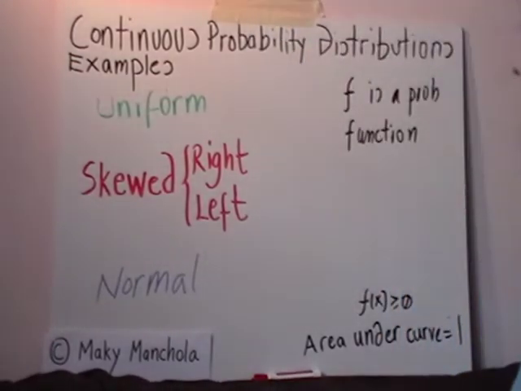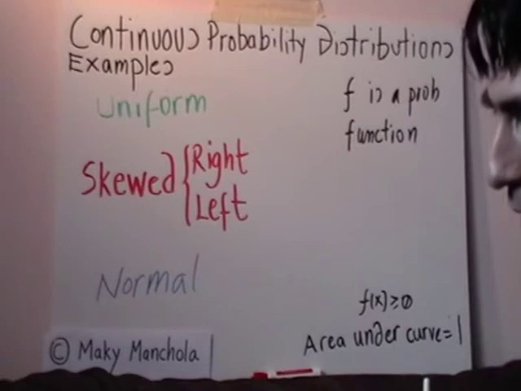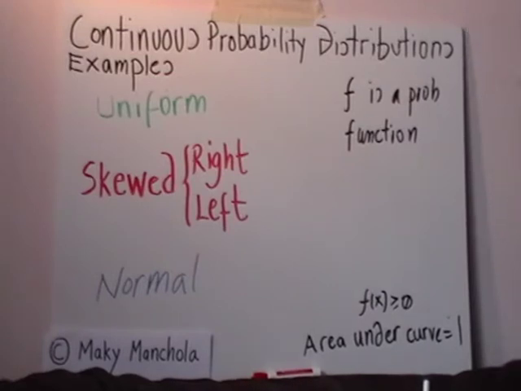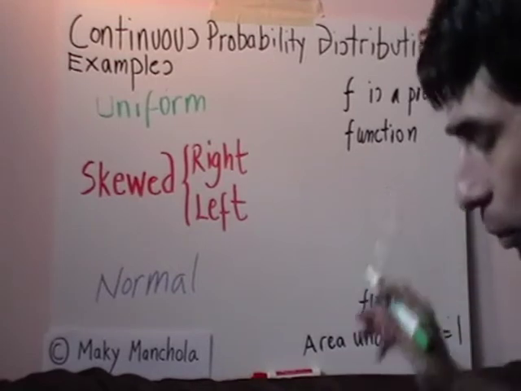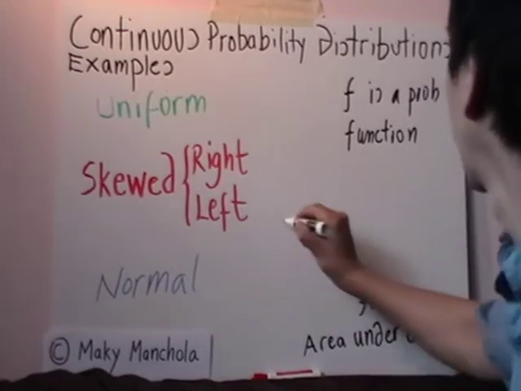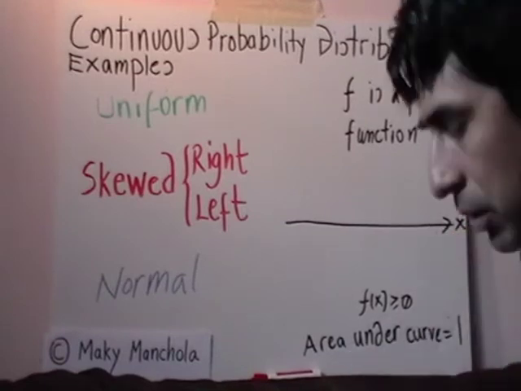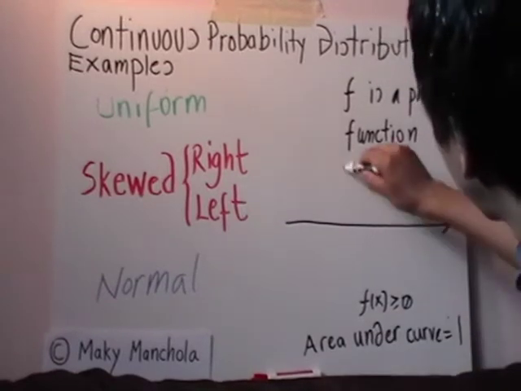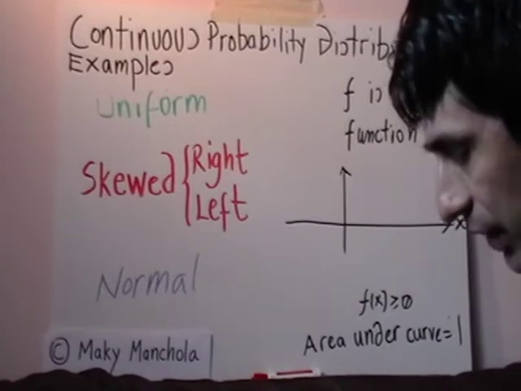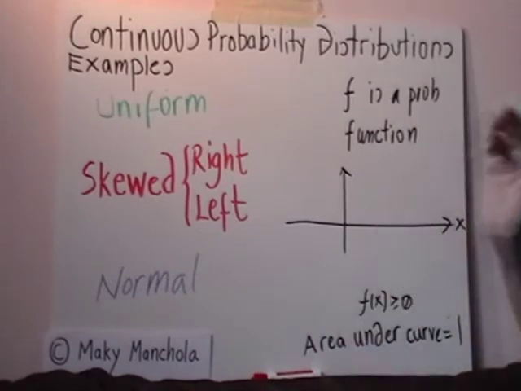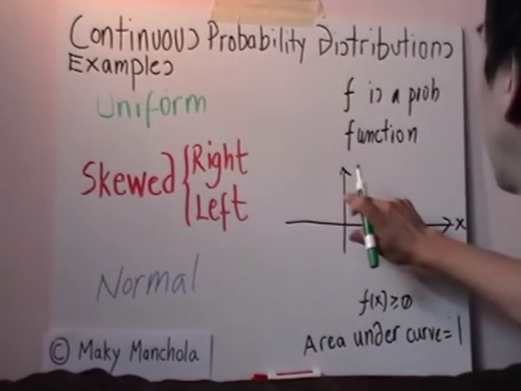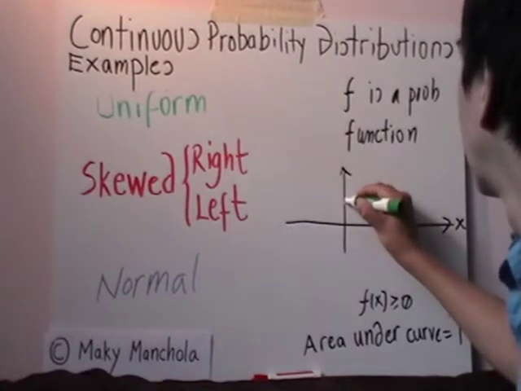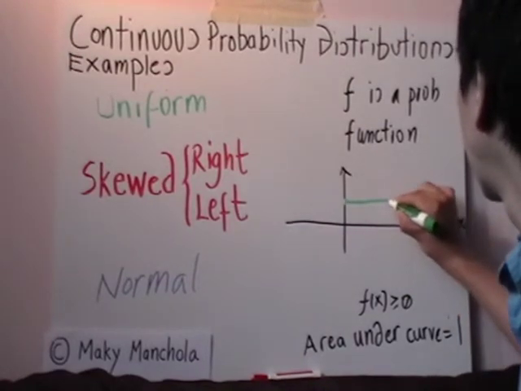So let's look at what a uniform probability distribution will be. It's a distribution whose probability function is either 0 or constant. So let me draw a picture of an example. Say this is your data axis, your x-axis, and there is your vertical axis. It's either 0 or a constant greater than 0.